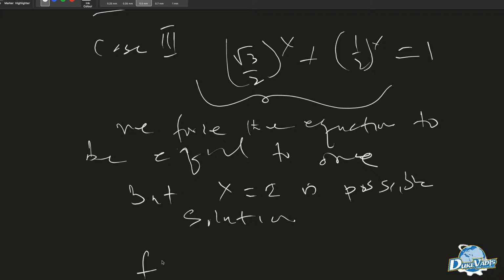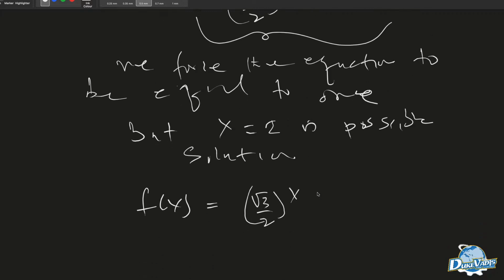So let's call this one the function f(x) equals root 3 over 2 raised to the power x, as we are forcing it, plus half raised to the power x.